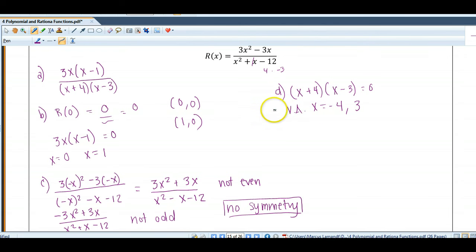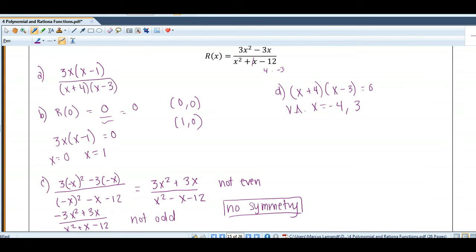Alright, for the horizontal asymptotes, if you remember, the degree of the top equals the degree of the bottom. And if you look at 4.2, I encourage you to use your notes for reference every time we go over things from previous material. If you look at 4.2, when the degree of the top and the degree of the bottom equal each other, you just take the coefficients of the first two terms.